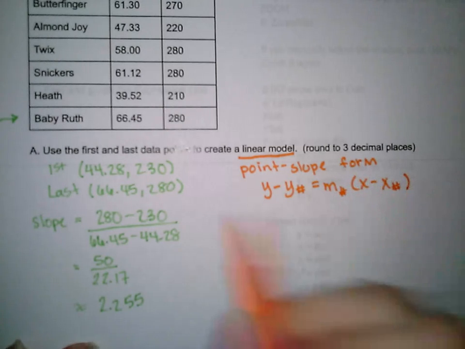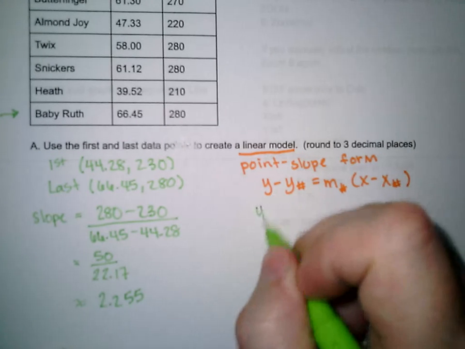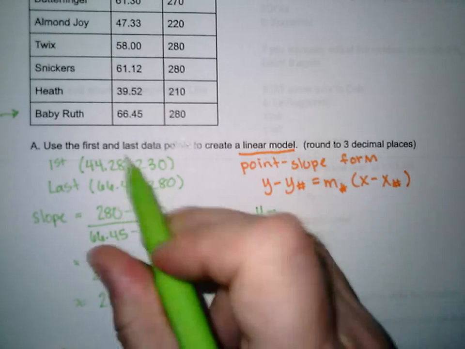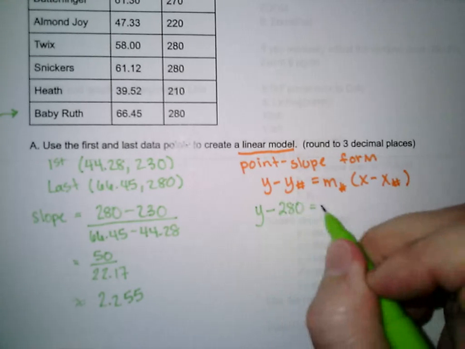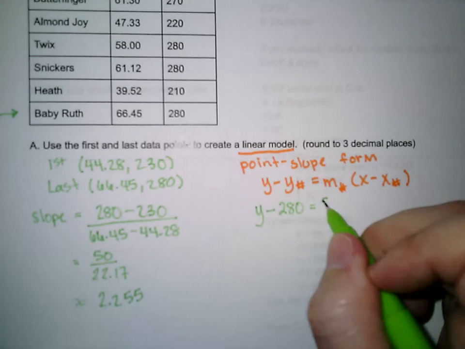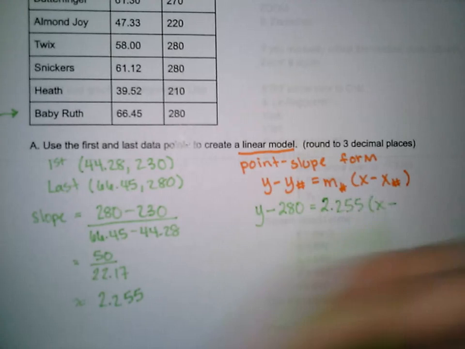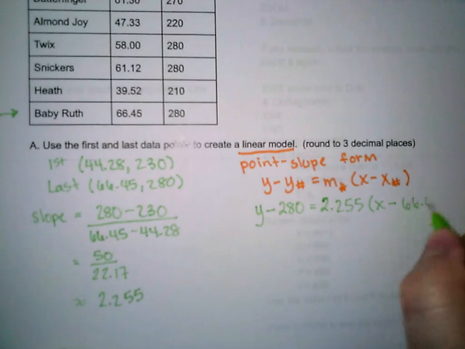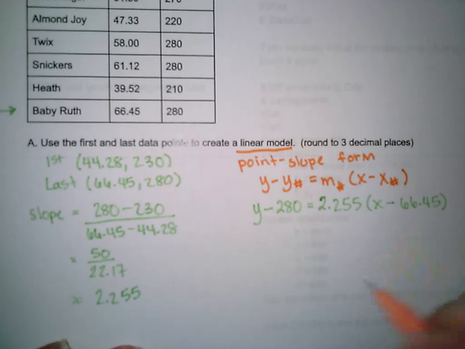And when we do that, we can use either of our ordered pairs. We just pick one of them. It doesn't matter which one you use. I'll just use the second one. So y minus 280 equals our slope number, 2.255, times x minus 66.45. So make sure that your x's and y's are getting in the same place, and you're using the same ordered pair for the x and the y coordinate.